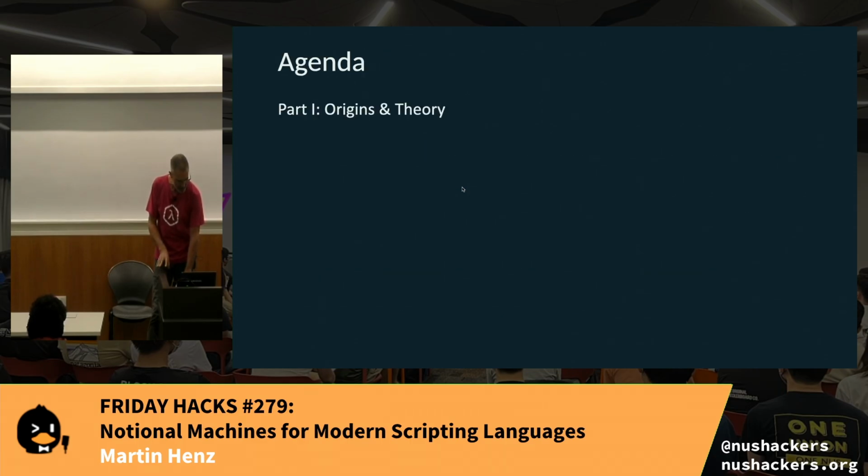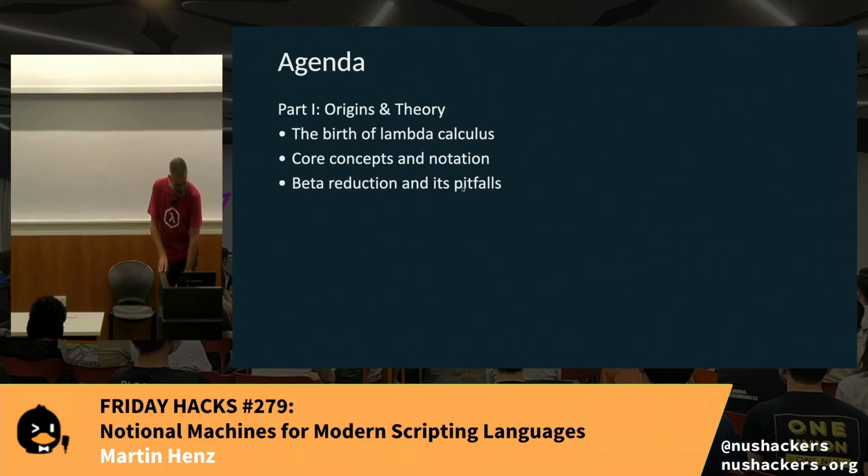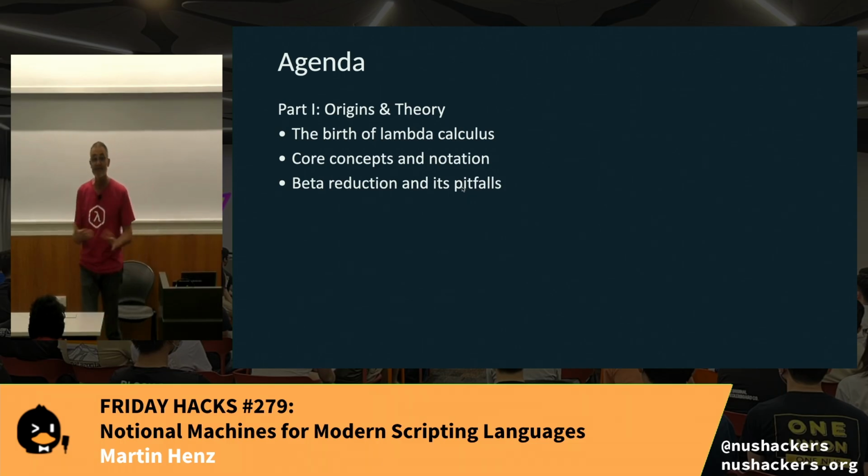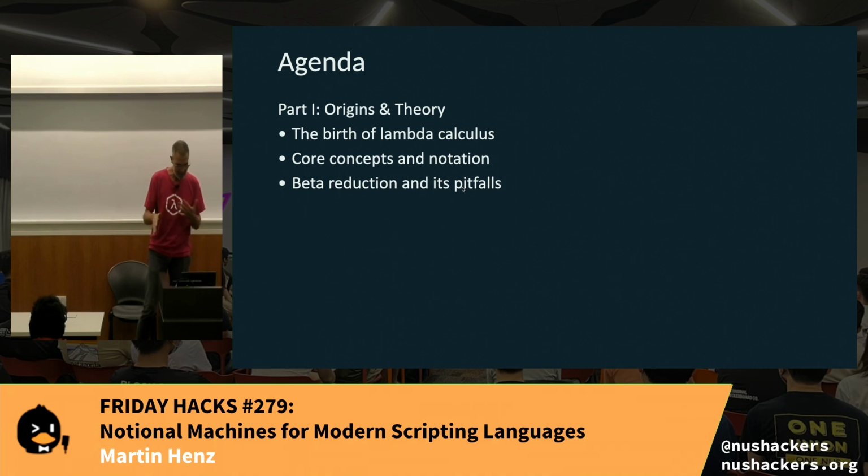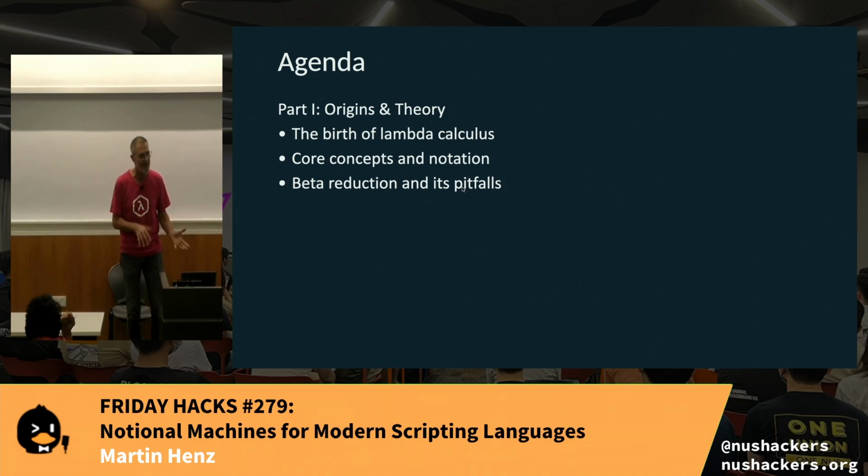The agenda: I'm going to start with the origins and a bit of theory of this lambda calculus thing. The birth of the lambda calculus, core concept and notation. I'll cover beta reduction and its pitfalls, including how early computer science pioneers misunderstood the lambda calculus, and as a result, basically introduced a major design flaw that took years and years to fix.